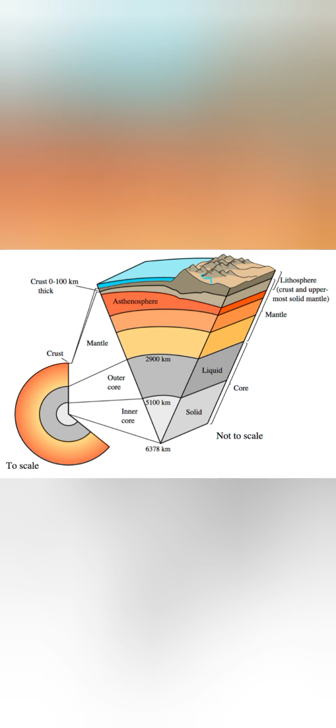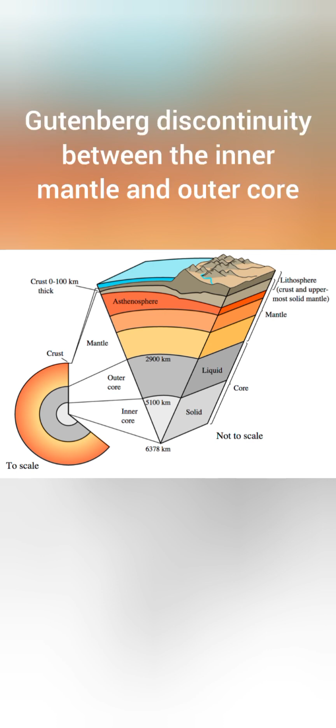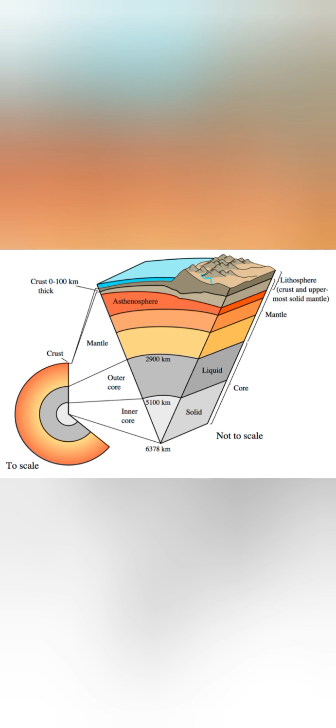Then we have the Gutenberg discontinuity, which is around 2,900 kilometers. Below that, there is a transition zone, between the mantle and the core. This is an abrupt change in the seismic waves. Therefore, the Gutenberg discontinuity is between the mantle and the core.